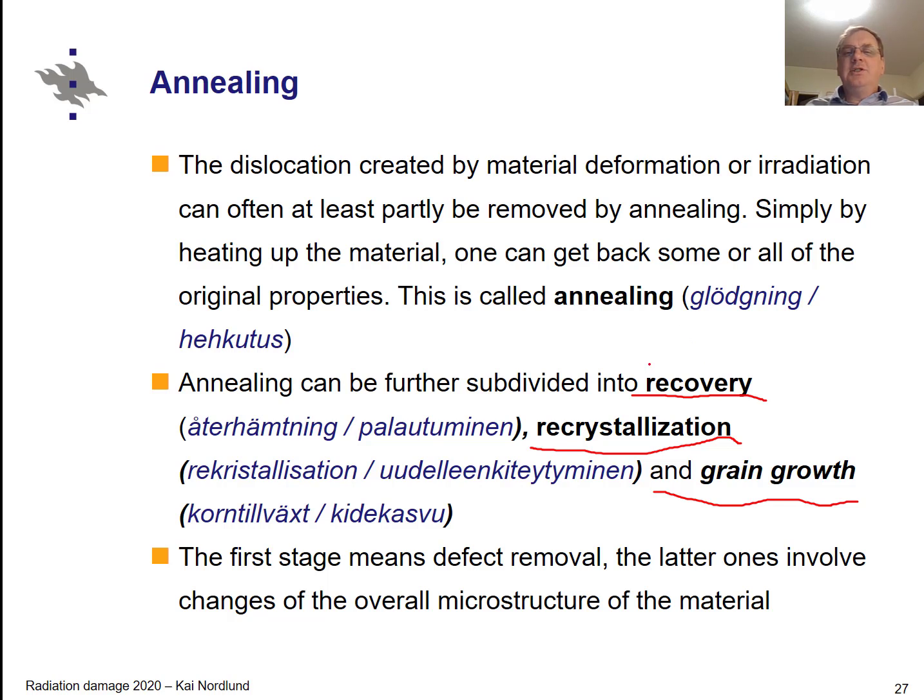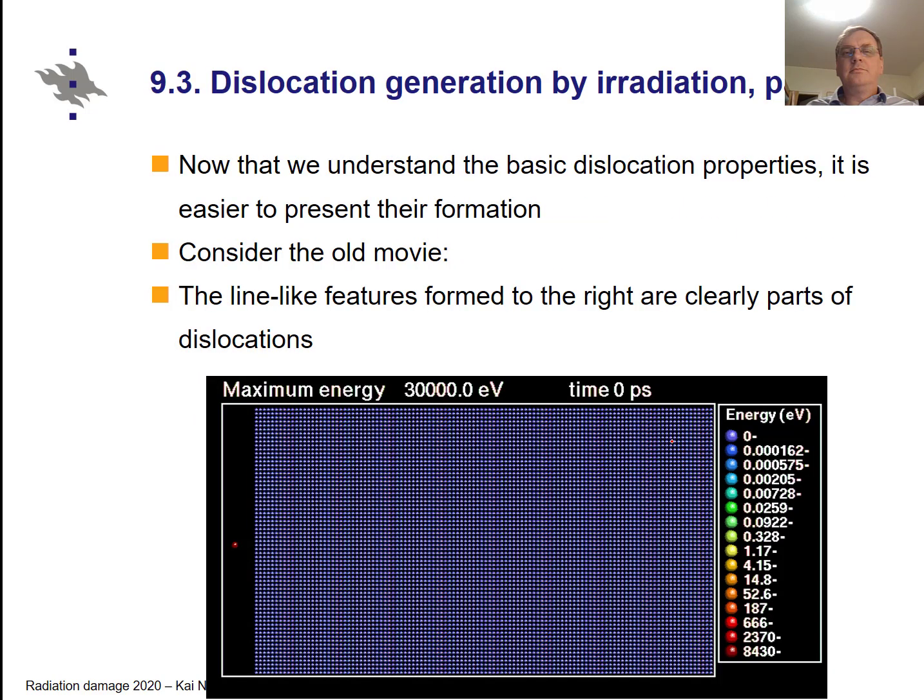And out of these stages, this first stage is really defect removal, removing dislocations and other defects. The latter then means that dislocations are mobile, and the entire polycrystalline grains may change the properties. This concludes this first part, the general dislocation part of this section 9 of the course.